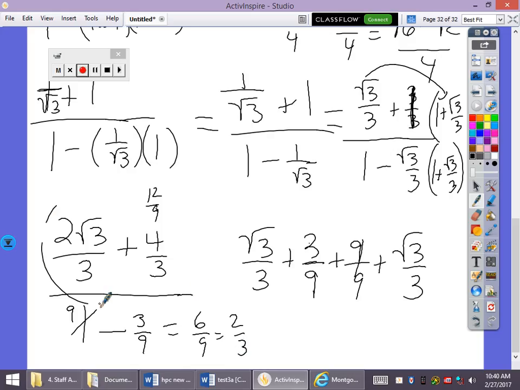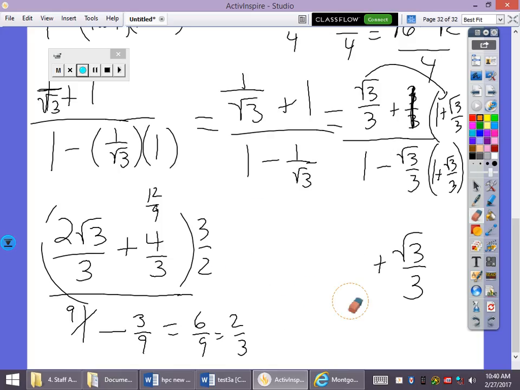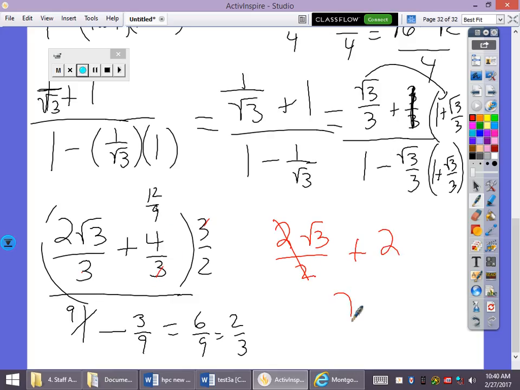So then I'm going to multiply the top by 3/2, because when you divide, you multiply by the reciprocal. We get, this cancels this, so it leaves me with 2 the square root of 3 over 2, then the 2's cancel, so just the square root of 3, and then these 3's cancel, and 4 divided by 2 is plus 2. So it ends up being the square root of 3 plus 2. Sorry, I did it kind of fast. Hopefully it wasn't too confusing.